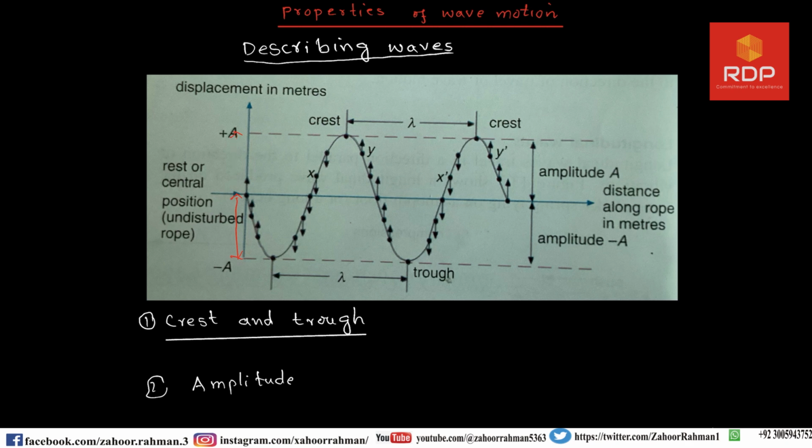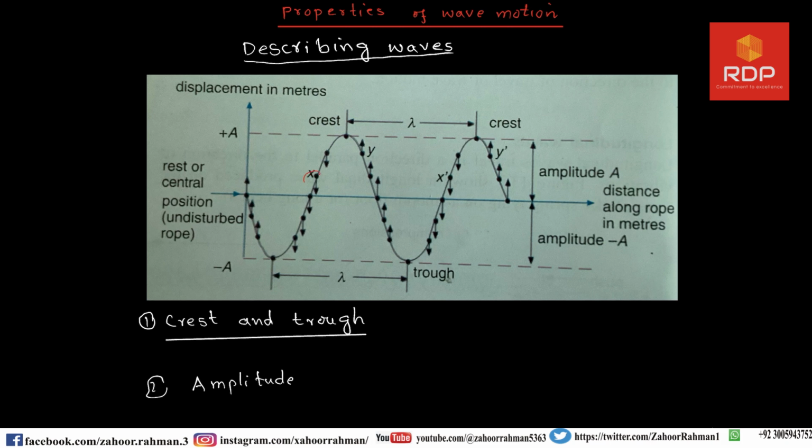Now, what is phase? Very important term, and that is phase. When two particles are at the same position, in the same direction, having the same displacement, we say that those two particles are in phase.